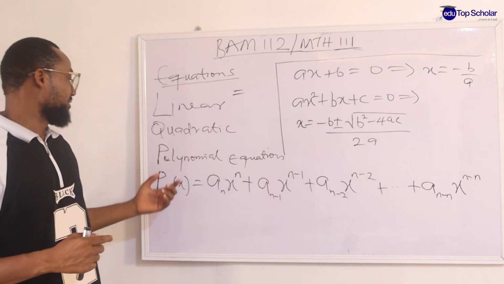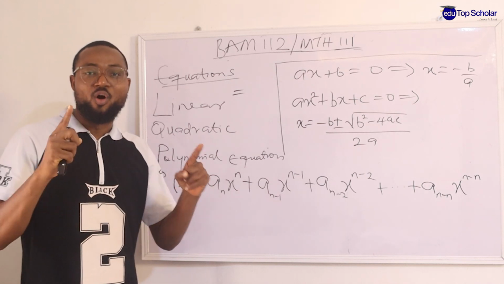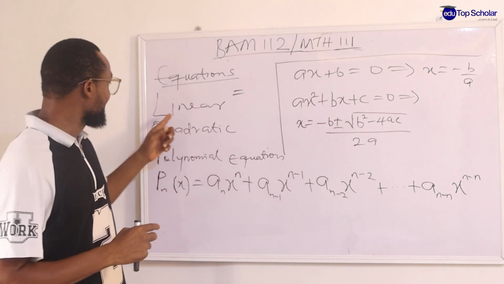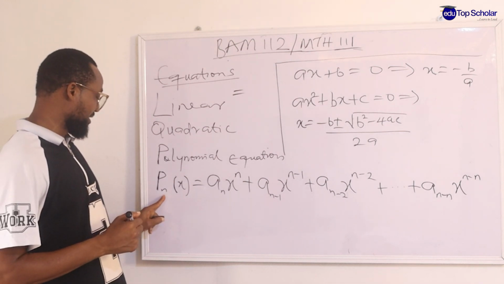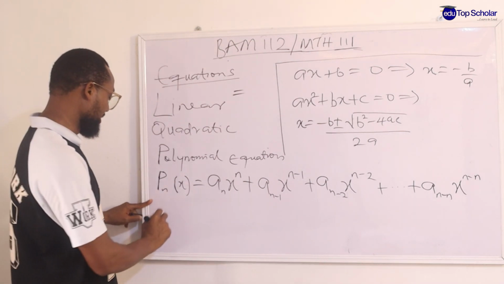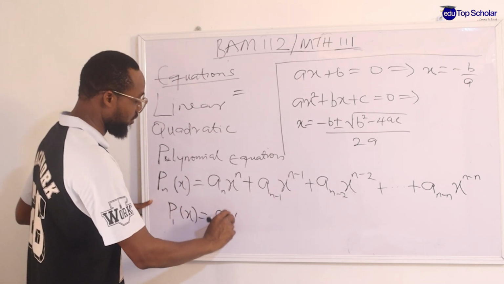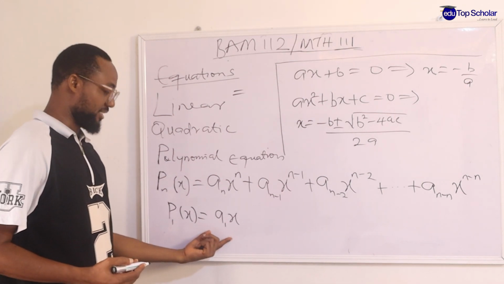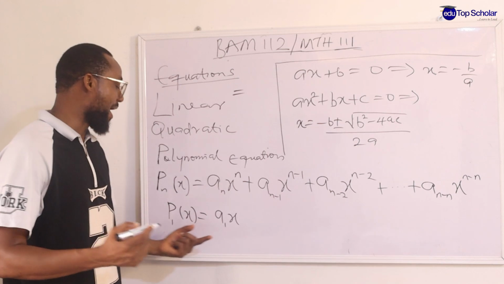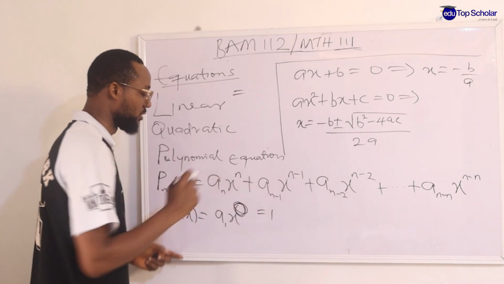In a nutshell, a polynomial equation of degree 1 is what we refer to as the linear equation. That implies that if our n is equal to 1 here, then we have p1 of x equals a1 x raised to the power 1. And this definitely is linear. Why? Because the highest power here is equal to 1.